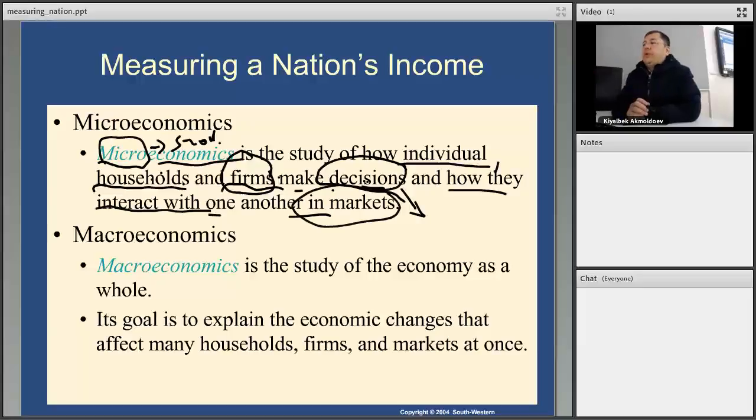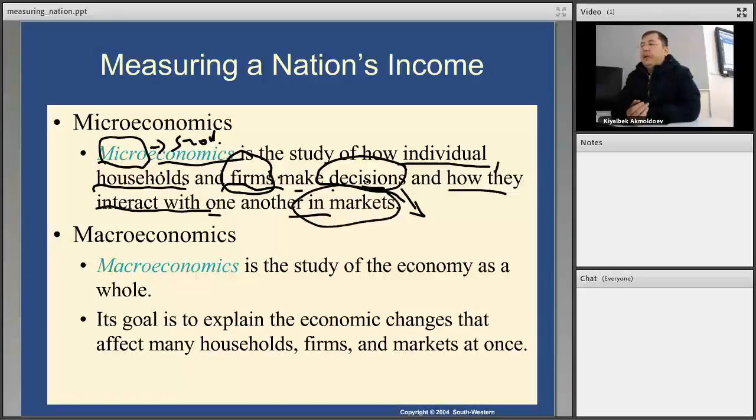In the markets, we have studied in the first semester different types of markets. It might be a perfectly competitive market, a monopoly market, a monopolistic competitive market, or an oligopoly market.